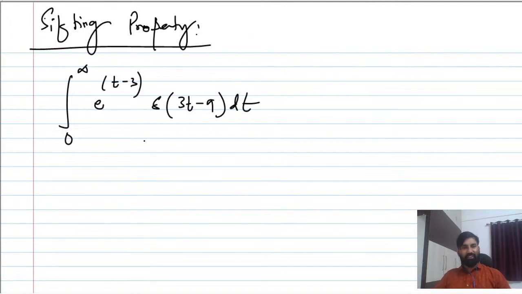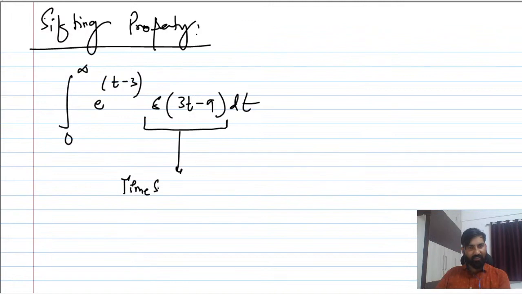So you guys see here, now you have to first of all take care of this. Okay, this is delta of 3t minus 9. So this time they have given what they have here, shifting they have done as well as time scaling. In this case time scaling is done and time shifting is also done, right.